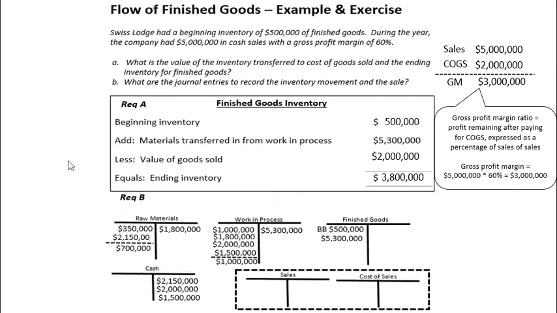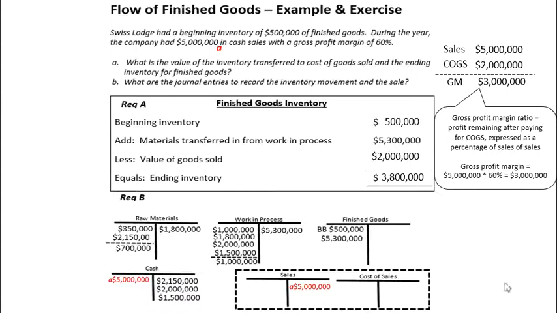So now we're going to go ahead and reproduce the journal entries as a result of this inventory movement. So let's start off with entry A. And this is recording our cash sales. So in this case, I'm going to record debit cash for $5 million. That represents my sales. And then the next part of my entry is credit to sales for $5 million.